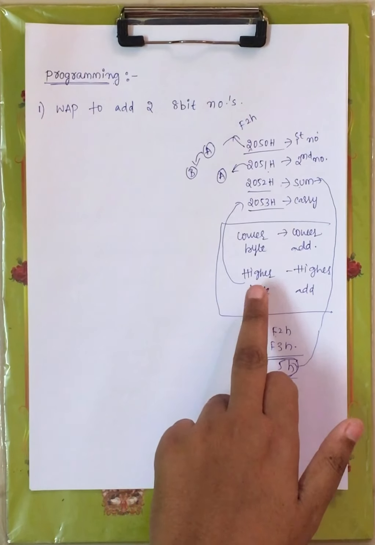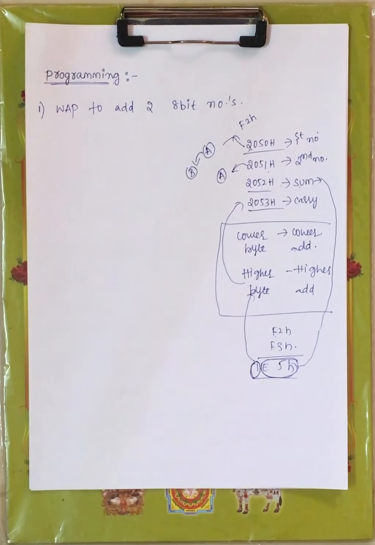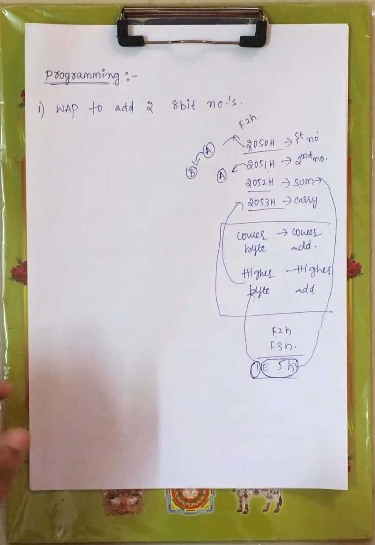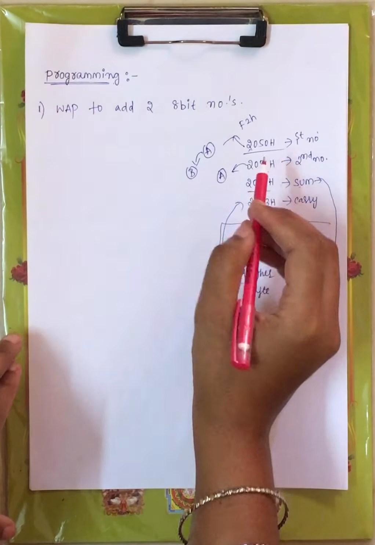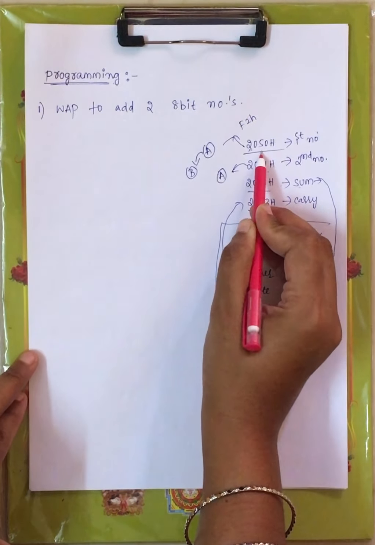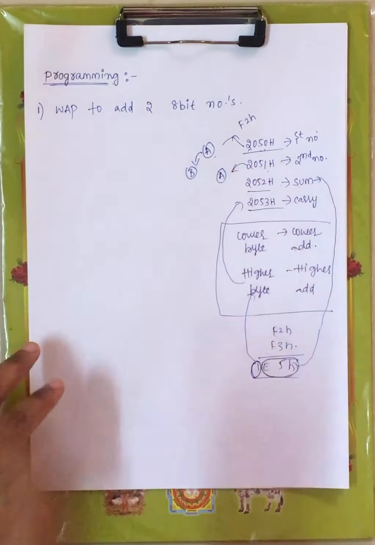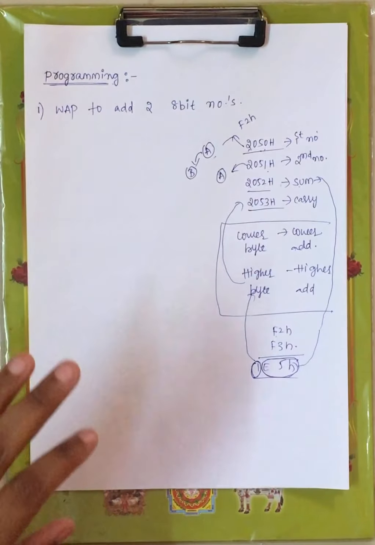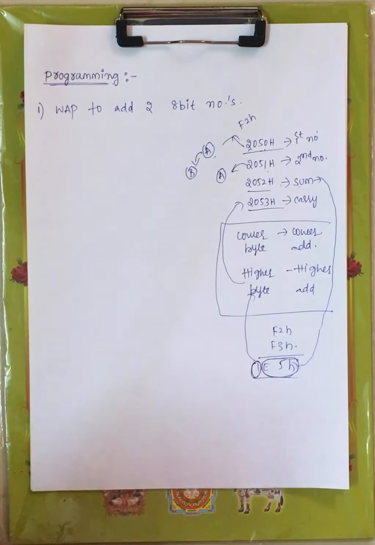Because for a microprocessor we follow a basic principle: lower byte is stored under the lower address and higher byte is stored under the higher address. Based on this scenario, let us write the instructions step by step. What is the first step? The first number has to be loaded from memory location 2050H to the A register. What instruction can we use to load the content to the A register?